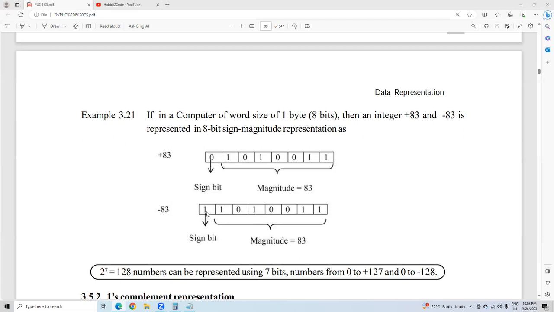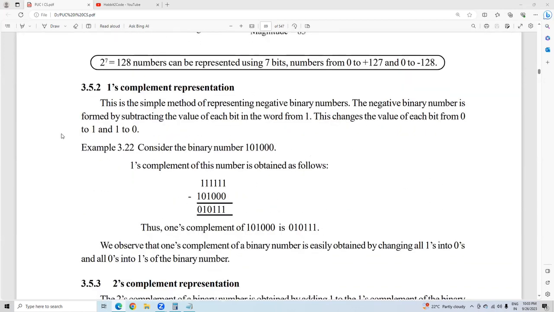A sign bit of 1 says that it is a negative number. So 2 raised to 7 equal to 128 numbers can be represented using 7 bits, which means you can represent a range of plus or minus 128 values with the help of sign and magnitude representation.